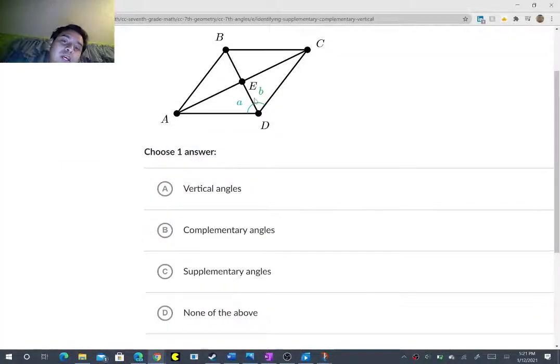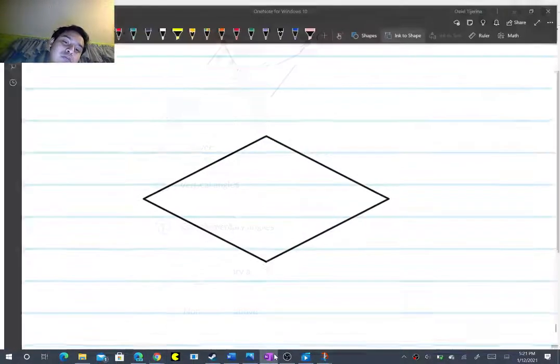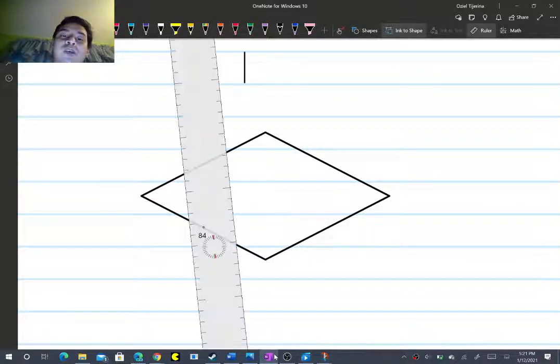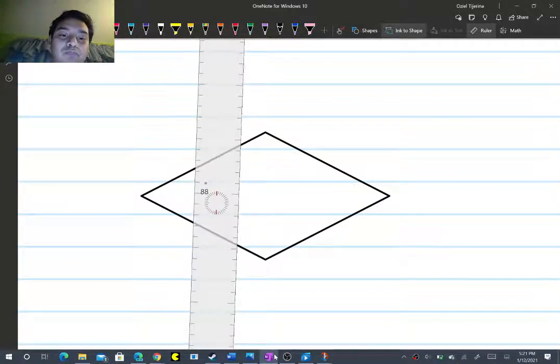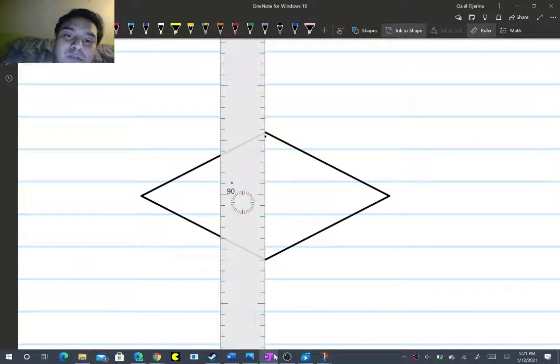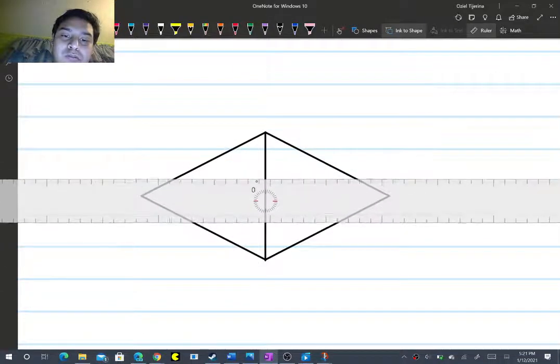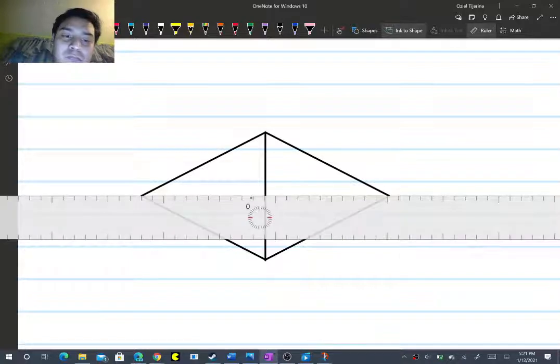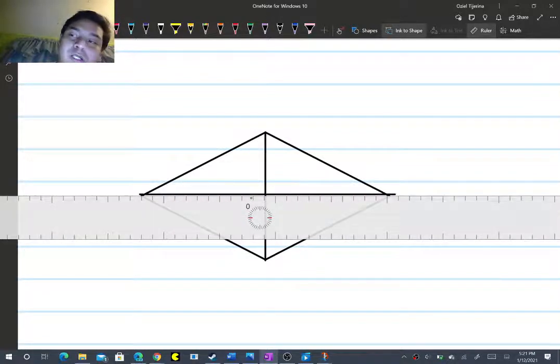If you tilt your head a little bit, you can see that it's the same exact shape, because we can look at this and say that this is a straight line, and this is a straight line here.